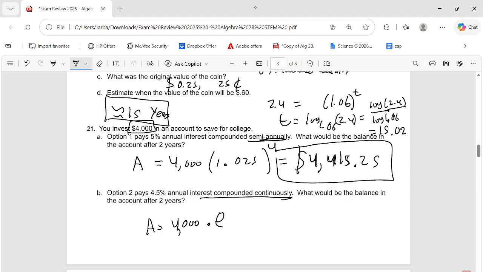Our rate is 4.5%, so remember, move that decimal 2 places back, that's 0.045, times 2, which is 0.09. So I do e to the 0.09 and multiply that by 4,000. I get $4,376.70.